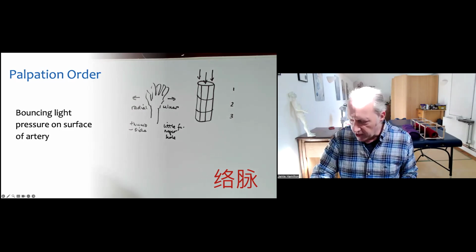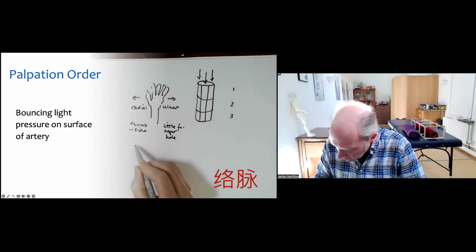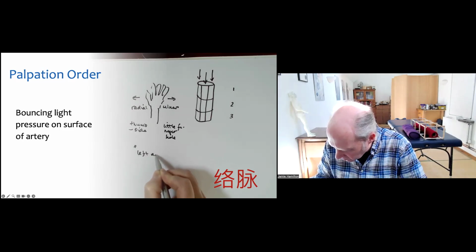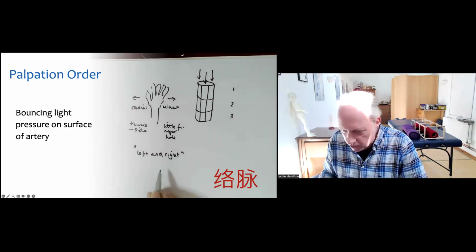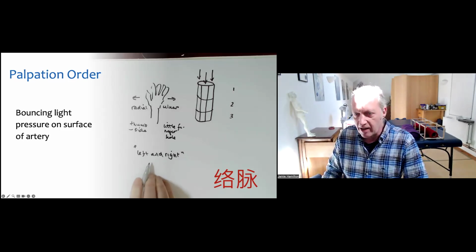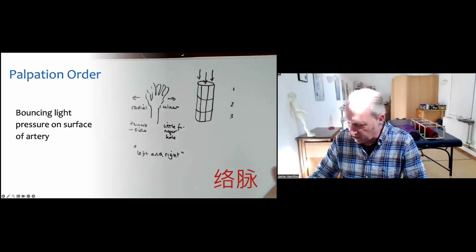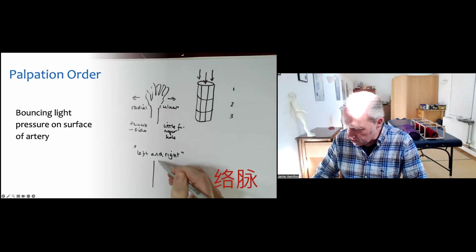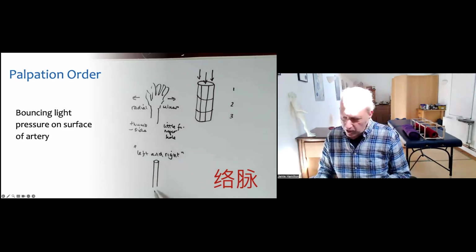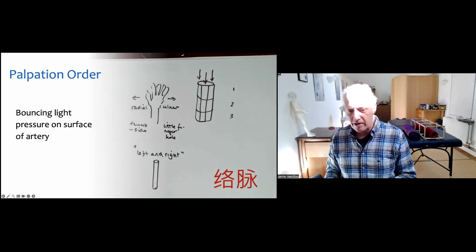In the Mai Jing, they call this left and right. Okay, so that's a shortcut to describe the sides of the artery. Left and right, but it doesn't matter which, depending on which arm you're looking at, it could be either side.